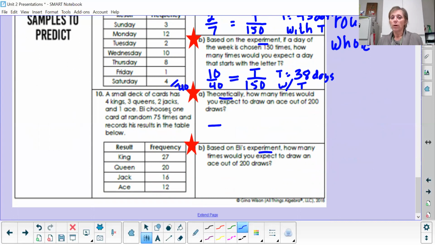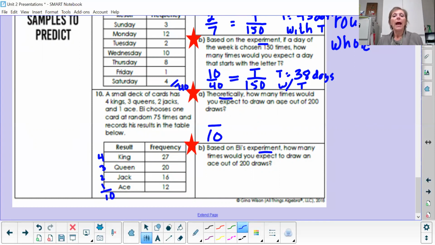But that was wrong because you didn't just have 1 king, you had 4. I mean, that is lying on the table. That's before you chose at random. So I'm going to stick a 4 here, a 3 here, a 2 here, and a 1. And how many cards are on the table? 4, 5, 6, 7, 8, 9. There are 10 cards on the table, so that's how many you have to choose from every time.